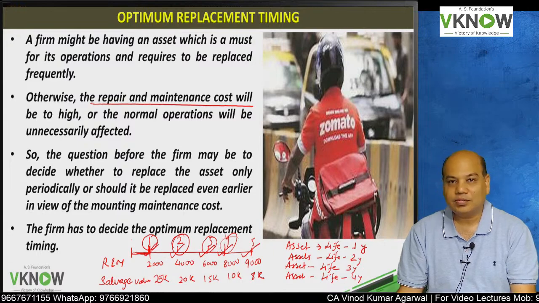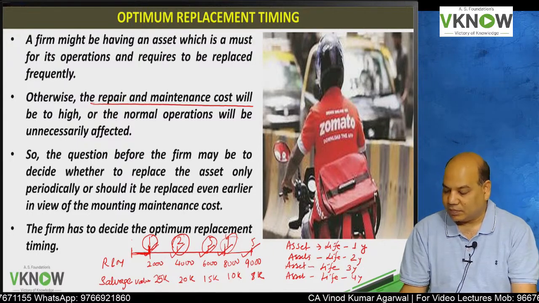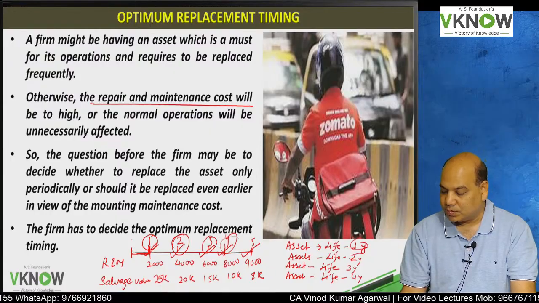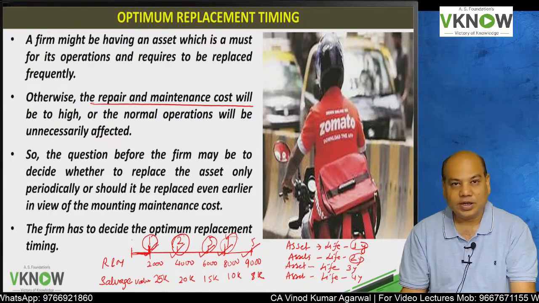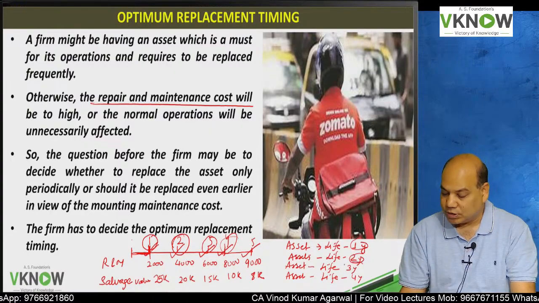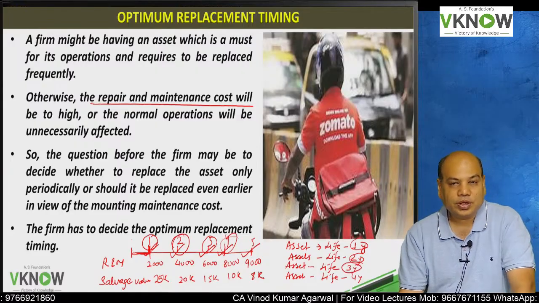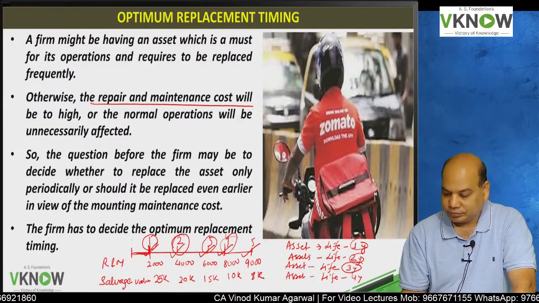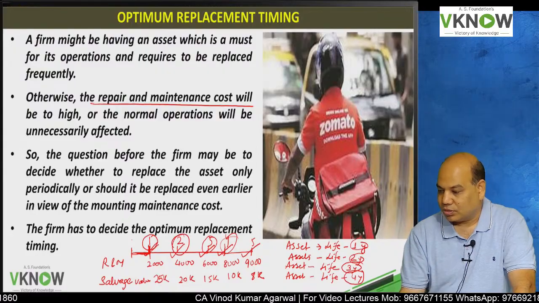What is per annum usage cost if I replace every year? What is per annum usage cost if I replace every 2 years? What is per annum usage cost if I replace every 3 years? Likewise. Okay.